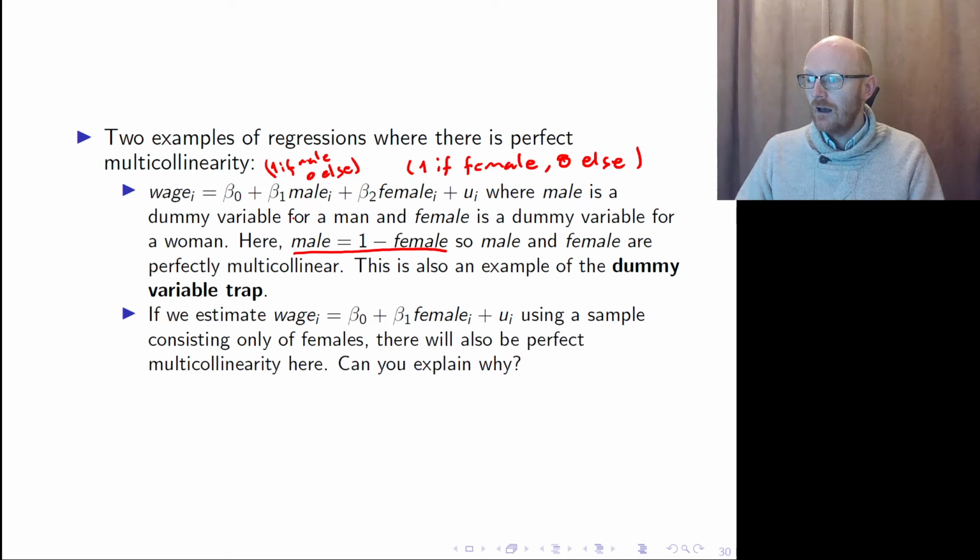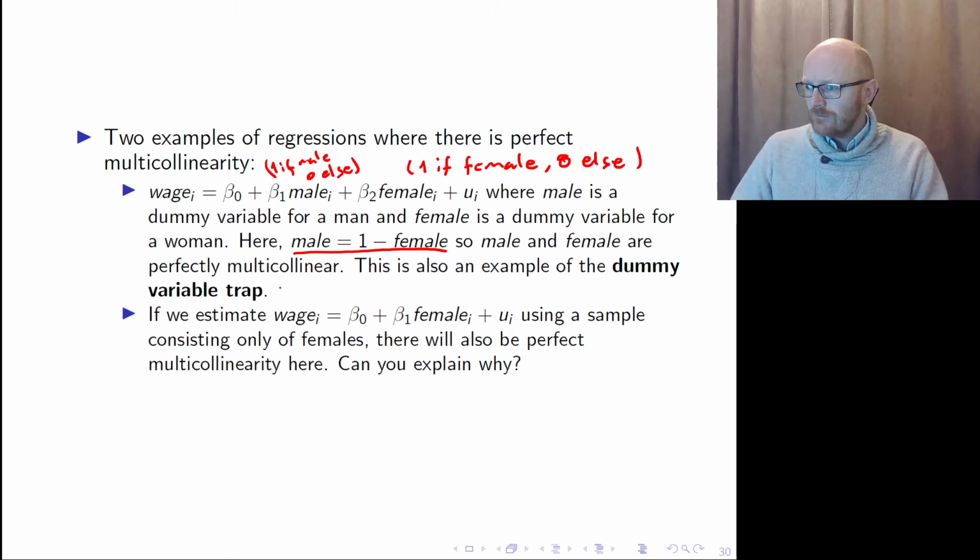And the 7th day is equal to the case when all the other dummy variables are equal to 0. So that would be the base case, right?